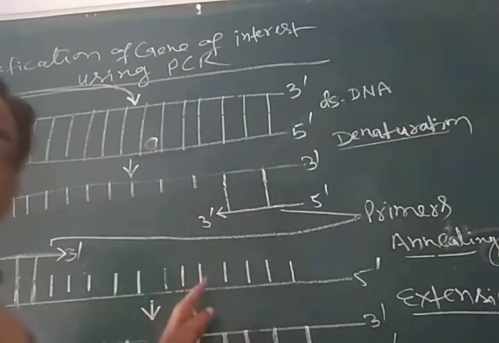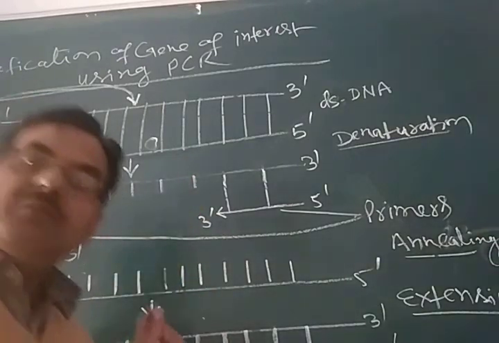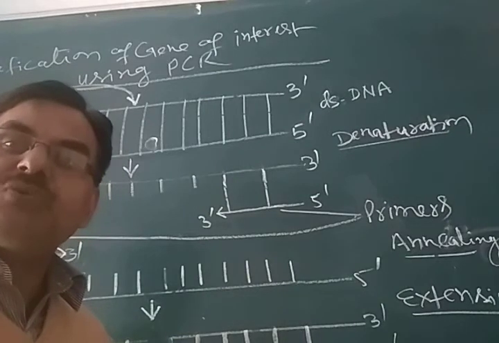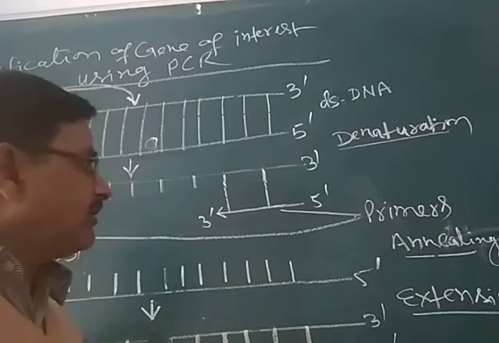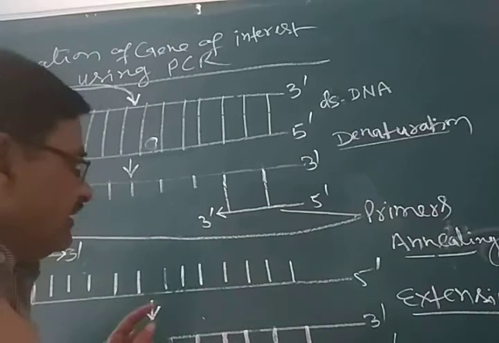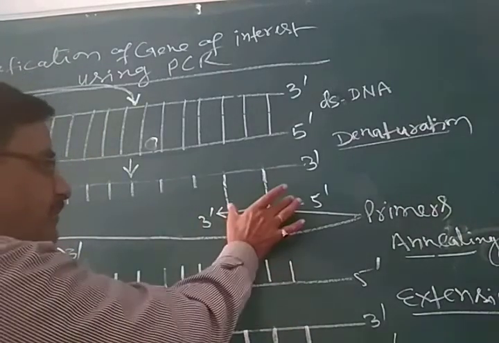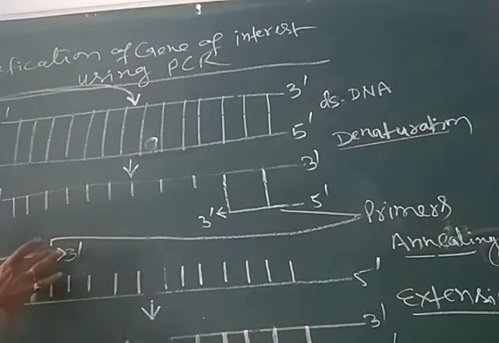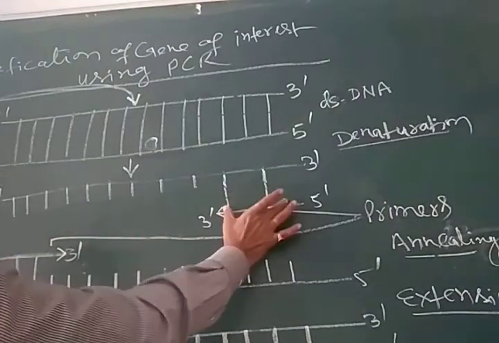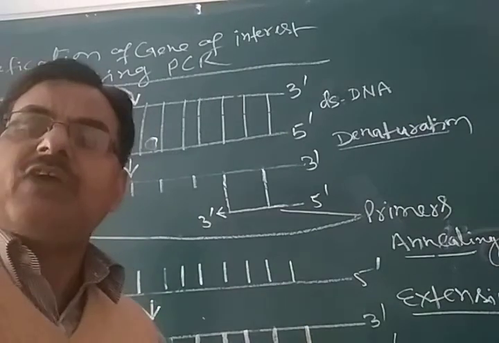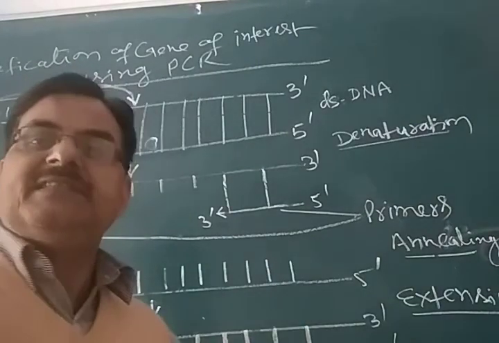Now both strands act as templates for the synthesis of the complementary strand during the replication process. For the replication of these two template strands, we require primers. These are the primers. Primers are short segments of DNA or RNA which are chemically synthesized.